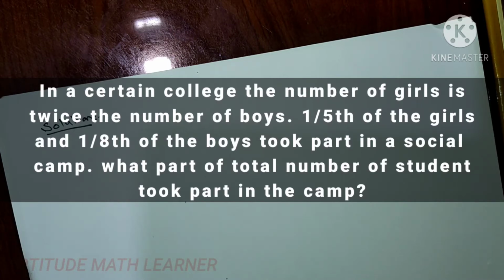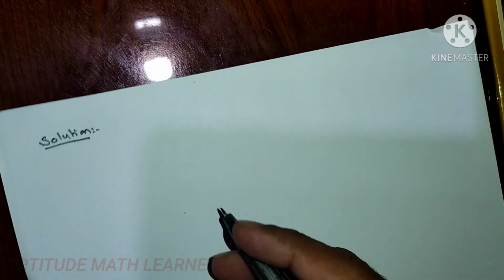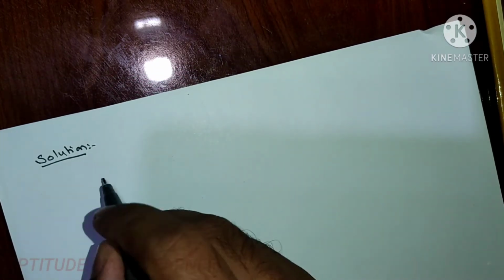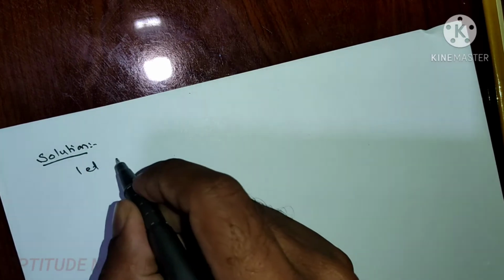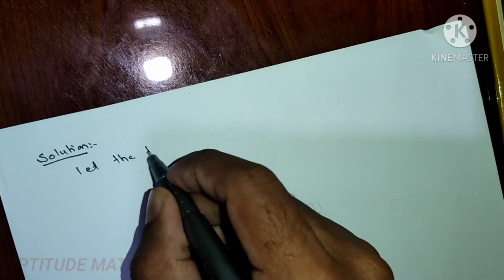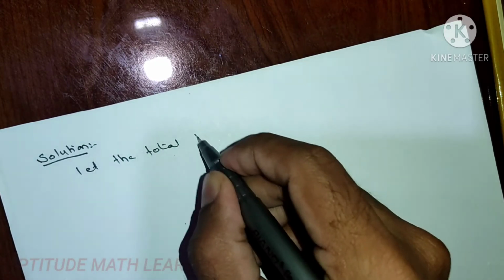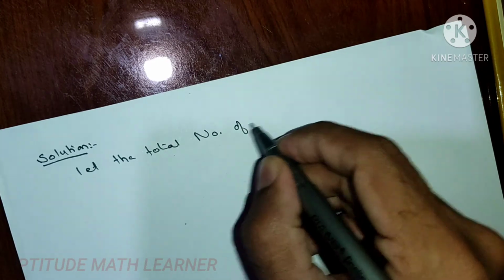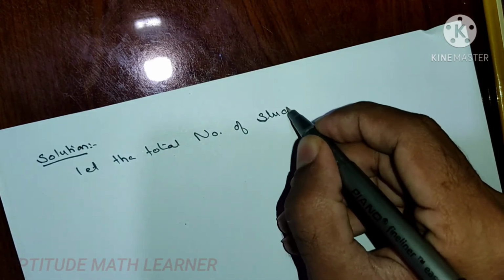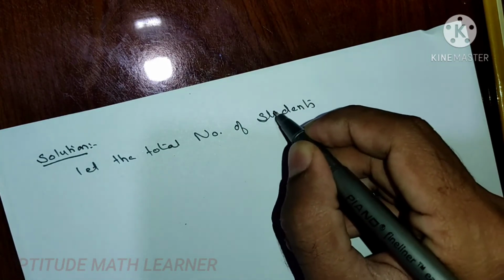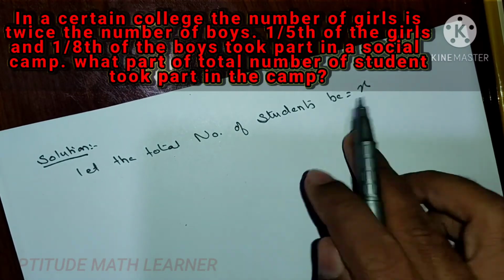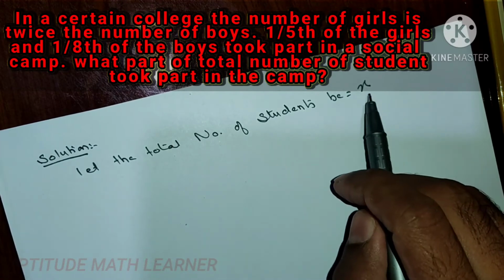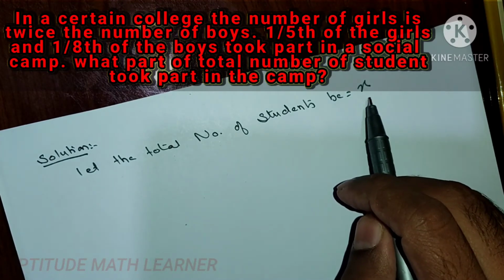Here we have a logical method, but before starting, let the total number of students be x. This x is the total number of students.